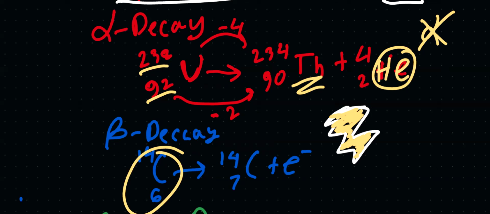That's why its atomic number increased. And then it just spat out an electron. Sorry, this should be N, nitrogen. So carbon turned into nitrogen and spat out an electron.